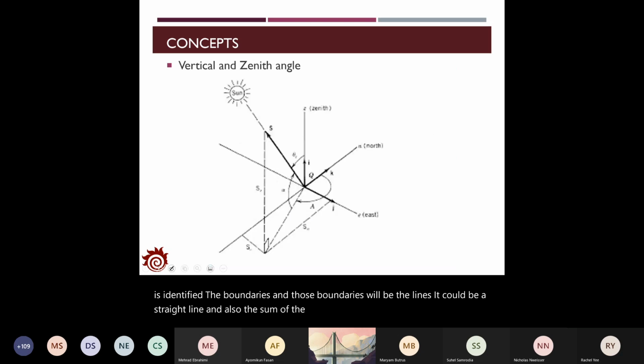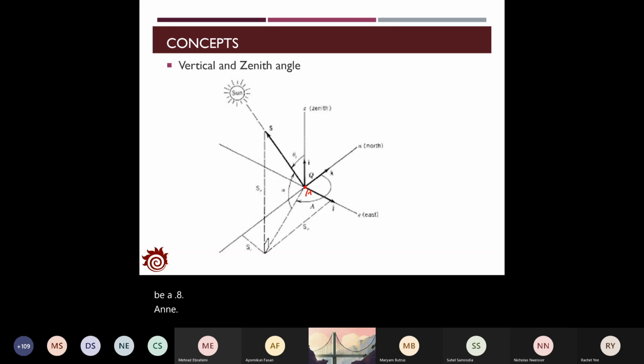And the next thing, which will be very tricky, is still let's consider you have a reference point, which would be point A. With the reference point A, you can find the horizontal plane, which will be the axes defined as east and north.